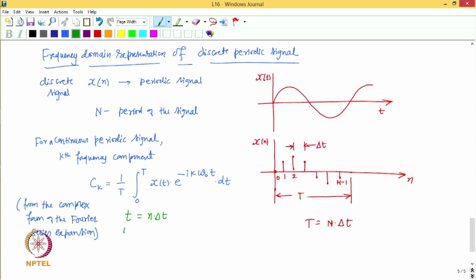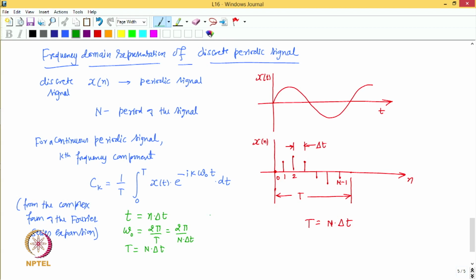Then we also have the fundamental frequency omega naught. We know that this is equal to 2 pi upon the time period T, and in our case T is nothing but N times delta t. We have already written that the time period, capital T, is equal to the number of samples N multiplied by the time resolution or time gap delta t.